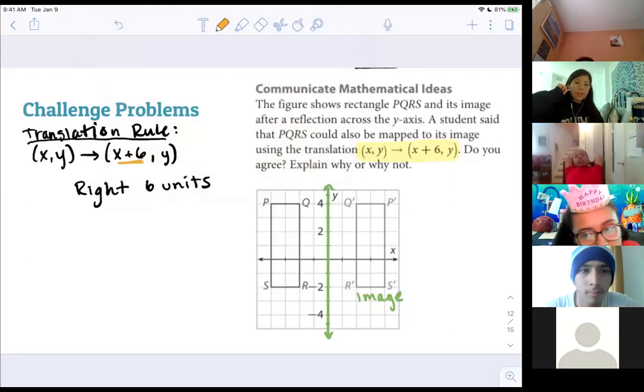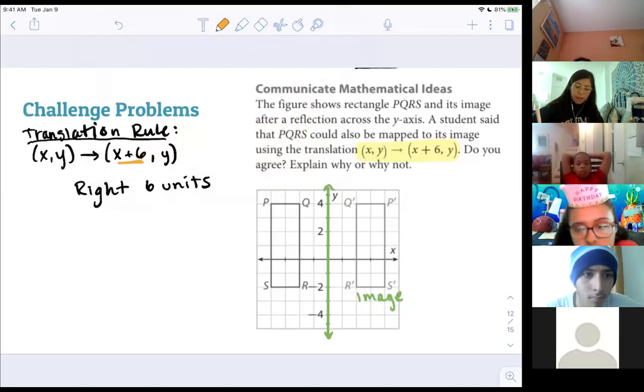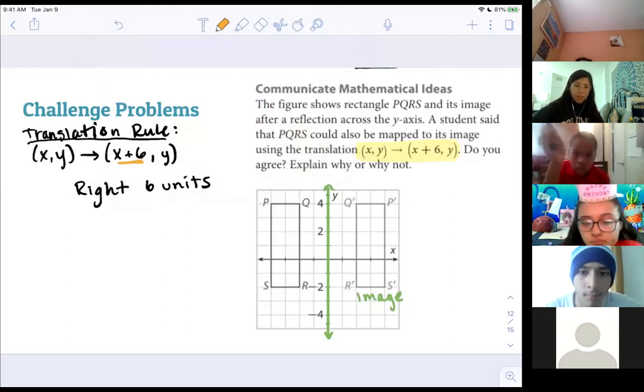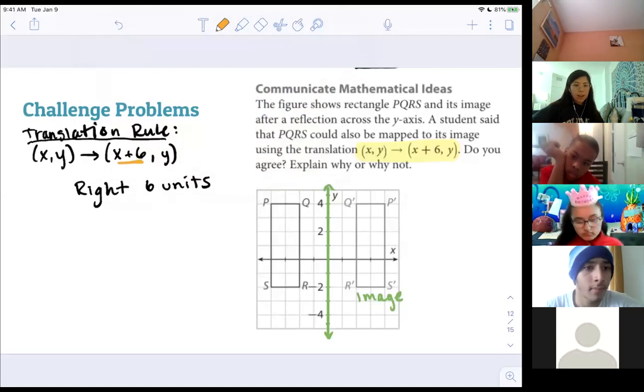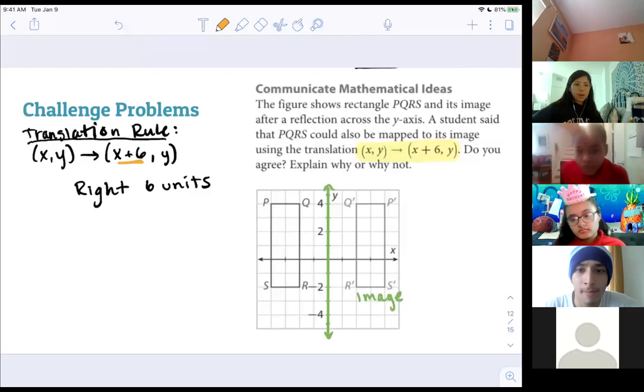So my question is, in the image below, this graph below shows the reflection. All it's showing is the reflection. If I did a translation instead, would I get the same image? Vote using the participants button. Vote yes or vote no. Click on participants.